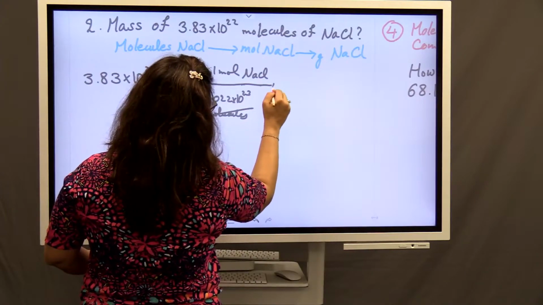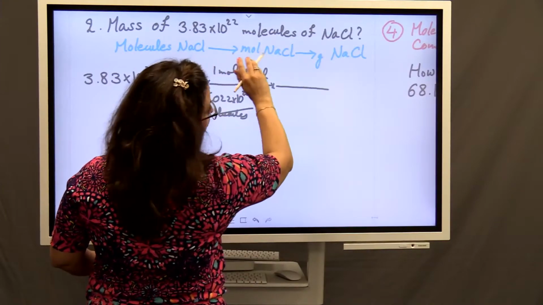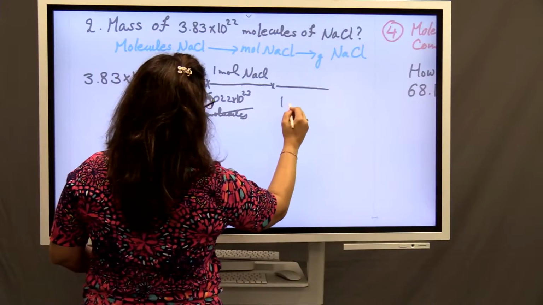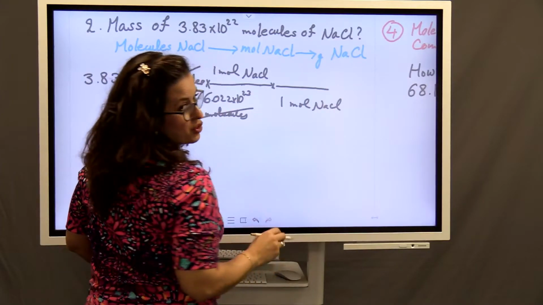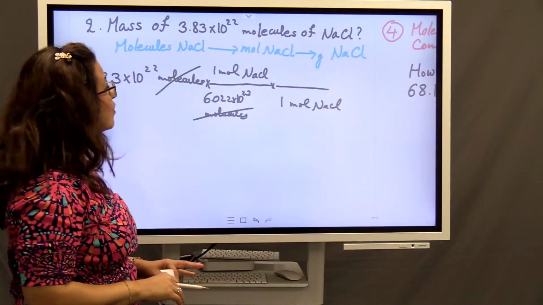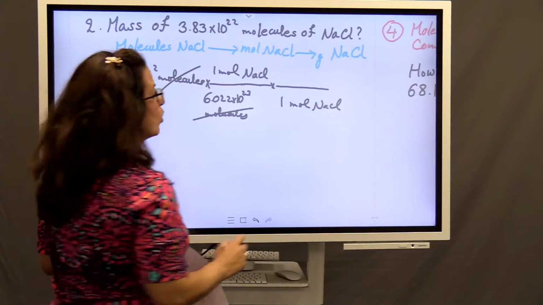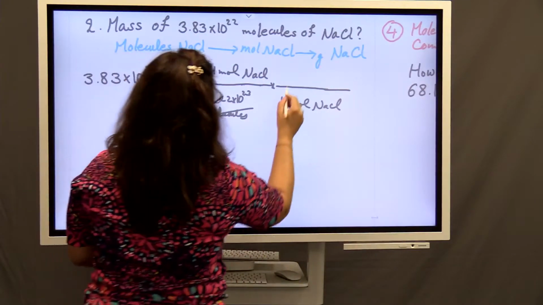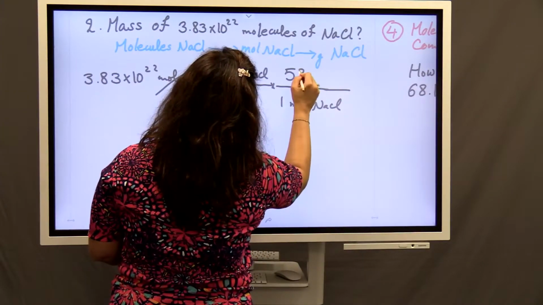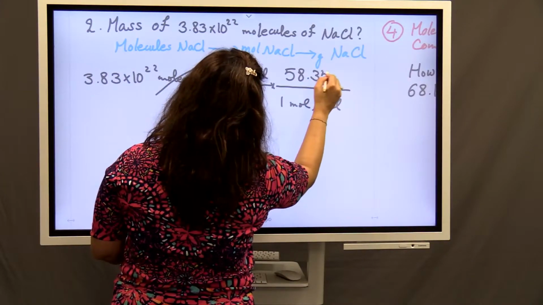Last step is to change the mole to mass. It's done by using the molar mass. Calculate the molar mass of NaCl, which is the mass of 1 mole of sodium plus the mass of 1 mole of Cl. It's 58.35 grams.